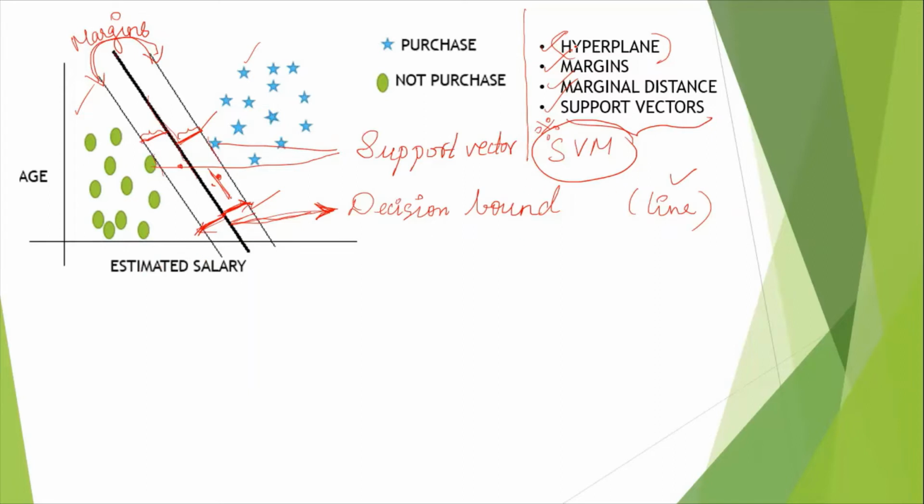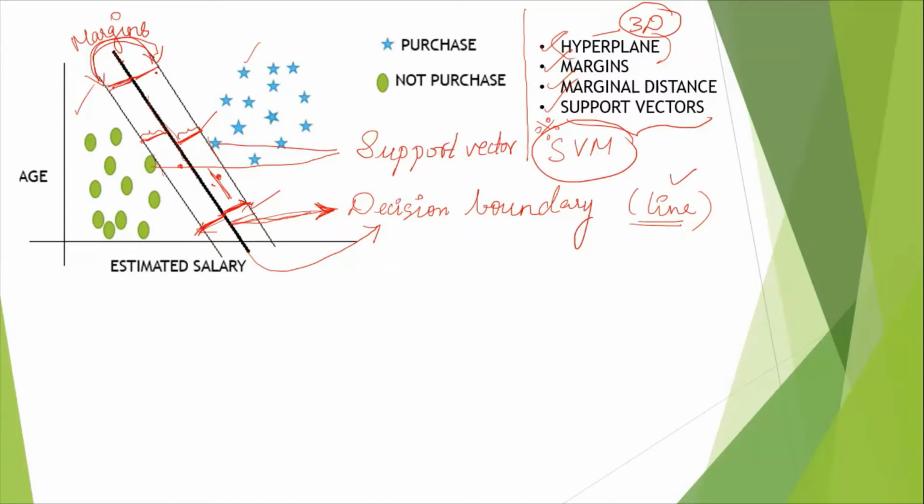So first of all, what is meant by hyperplane? A hyperplane is the decision boundary. We say it as a hyperplane when it comes to 3-dimensional space, but in 2D, we say it as a line or a decision boundary. Next, what are margins? Margins are the two lines that are parallel to the decision boundary.